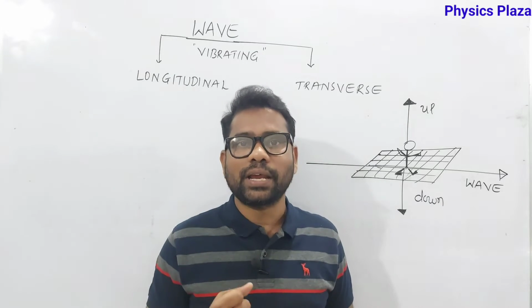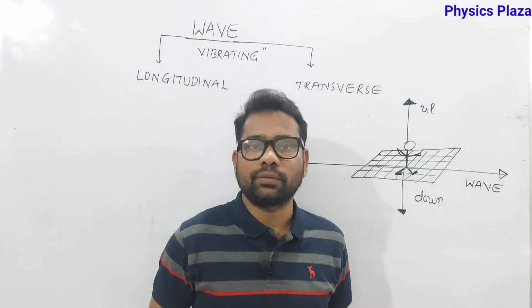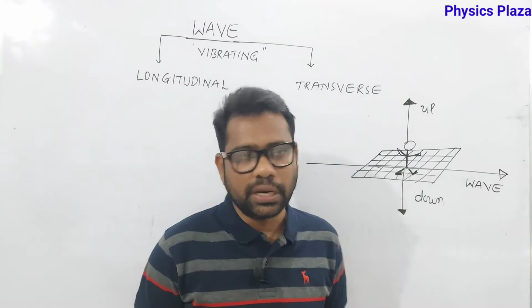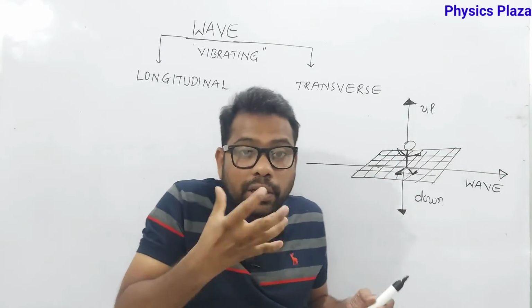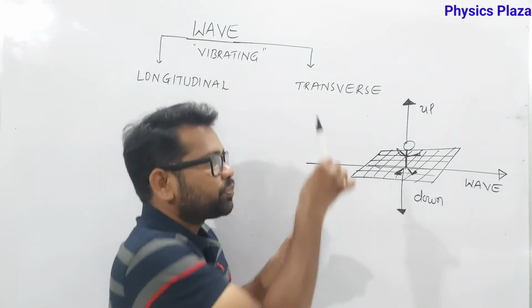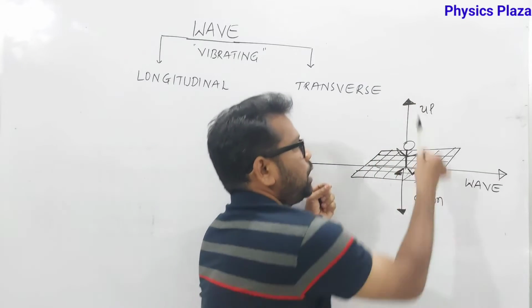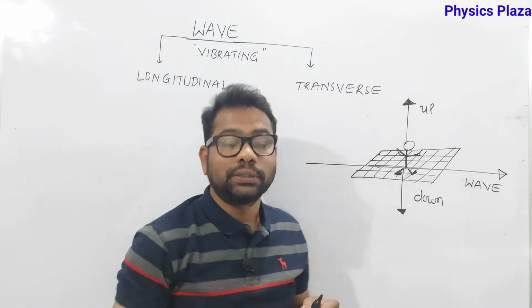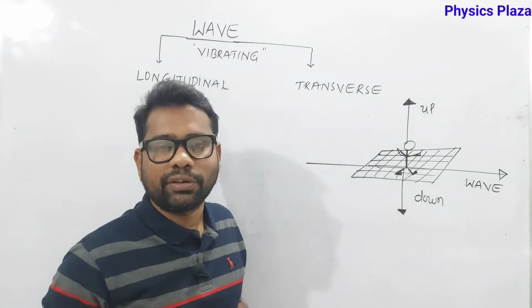If you understand it, you have to imagine a situation. A transverse wave is going like this, and the molecules are vibrating like this: up and down, up, down, up, down. That is called perpendicular. So come on, let us tell the transverse wave definition.